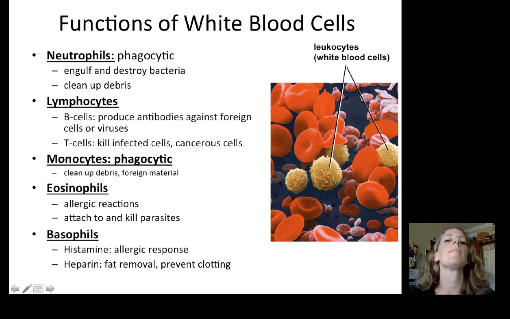The functions of the white blood cells, again to review, neutrophils are phagocytes. Lymphocytes are important for antibody production and adaptive immunity. We're going to go through all of that today. Monocytes are phagocytic. Eosinophils are related to allergic reactions and parasitic infection. Basophils are histamine allergic reactions and also can produce heparin.